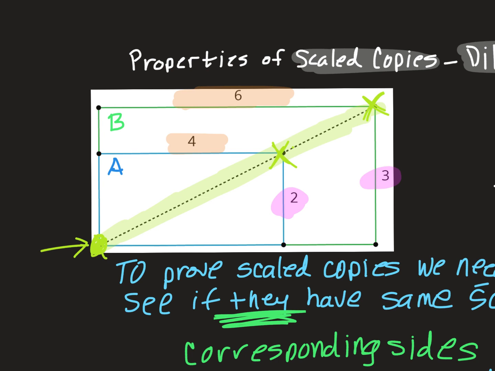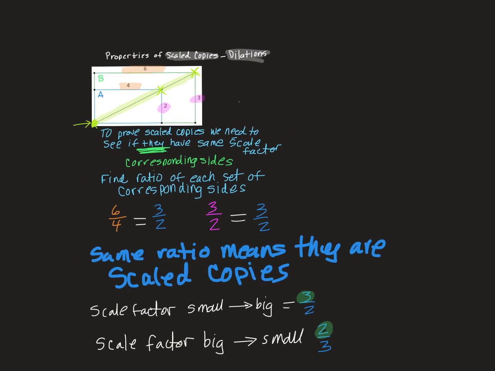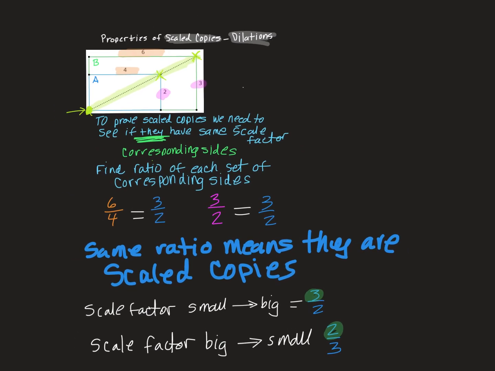Okay, so this is another way you can kind of eyeball it and see whether or not something is a scaled copy or a dilation. Because they should theoretically be exactly the same shape, you should be able to line a diagonal up, and the corresponding part should line up that way too. So those are a couple different methods that you can use to determine whether or not they are dilations.